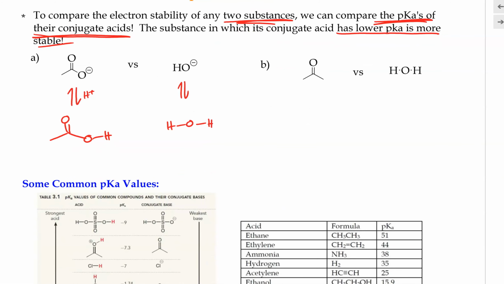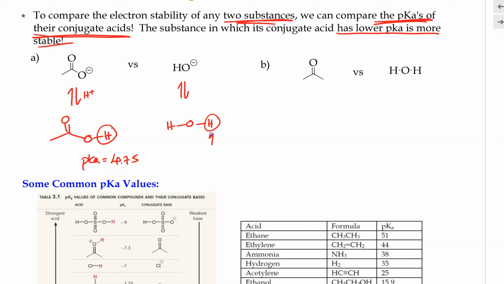And now, to determine the stability between acetate and hydroxide, we can compare the pKa of the conjugate acids. And this is what they will be. The conjugate acid, acetic acid, has a pKa value equal to 4.75.